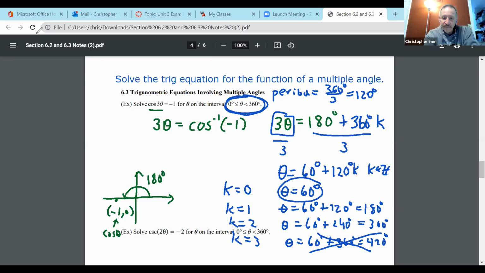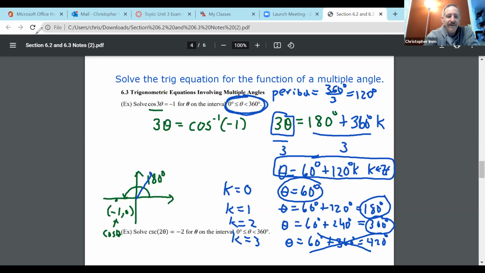So this formula here would give me all of them, but I was just asked for the ones between 0 and 360. So these 3 would be the ones that we were looking for. Now, I want to show you something about these roots geometrically that we're going to be looking at a little bit later in the class. These will always be evenly spaced.